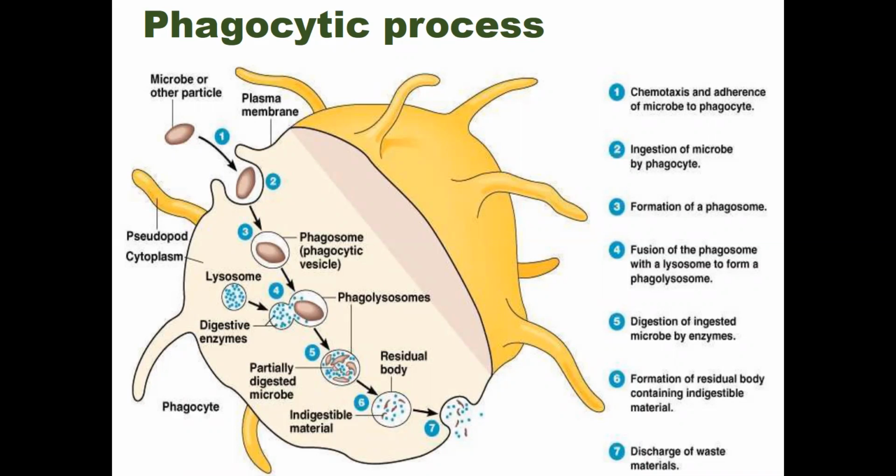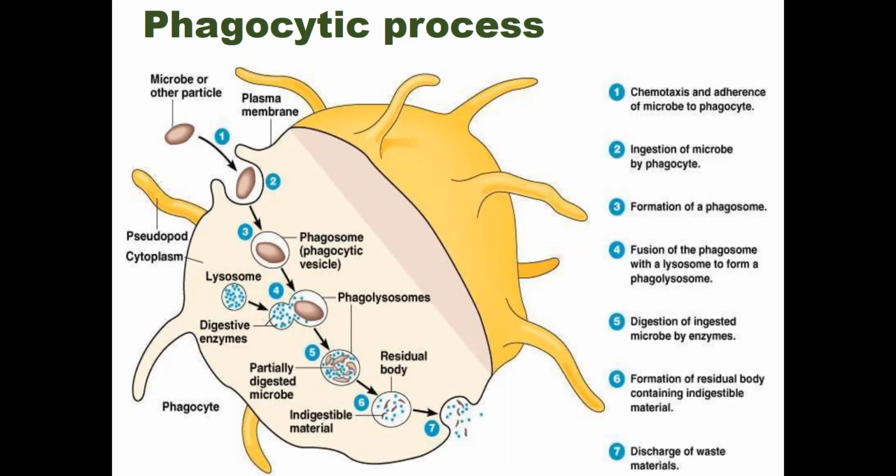At the very first, the delivery of phagocytic cells to the site of infection takes place. The phagocytic cells, that means the monocytes or neutrophils or macrophage cells, go to the place where the infection occurs by two processes.